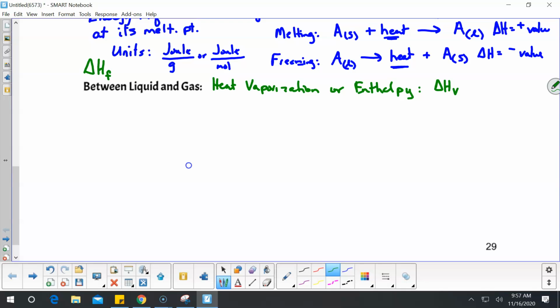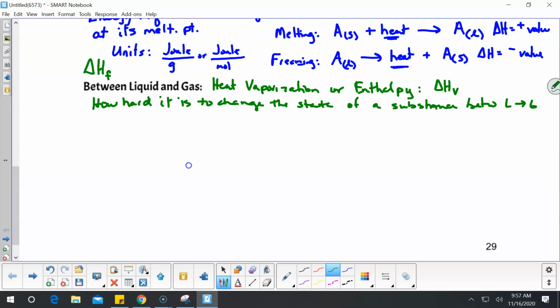So this one would also be how hard it is to change the state of a substance between the liquid and the gas state at its boiling point.